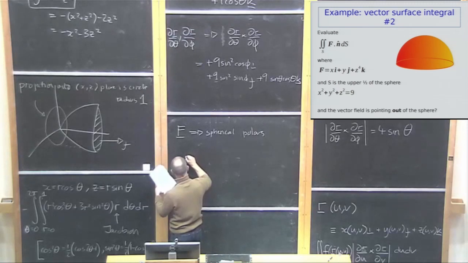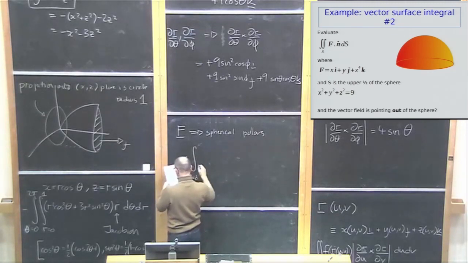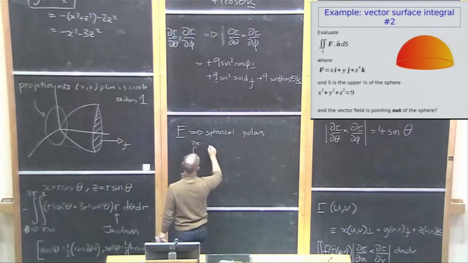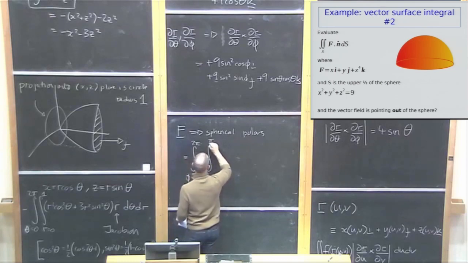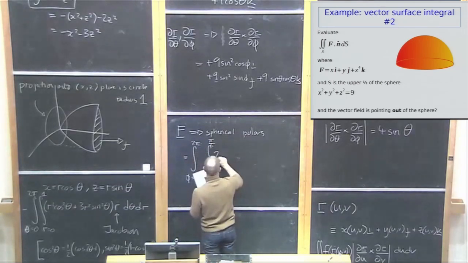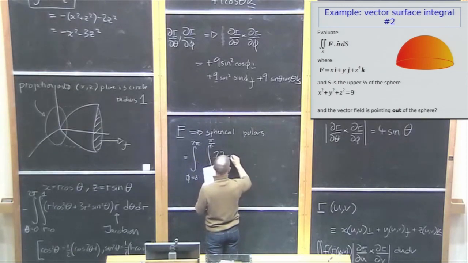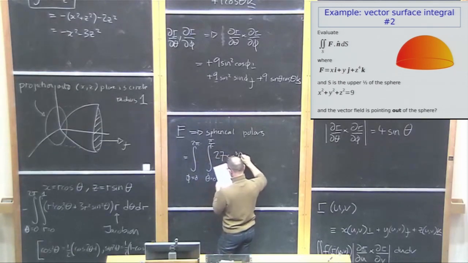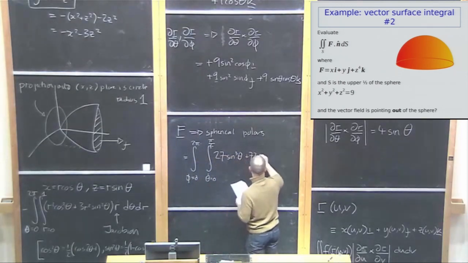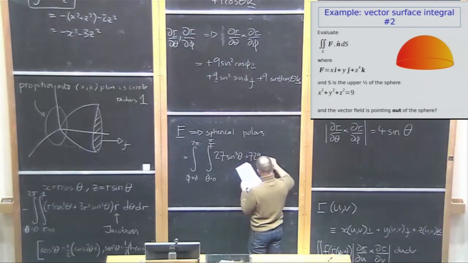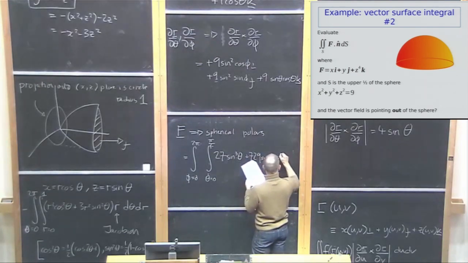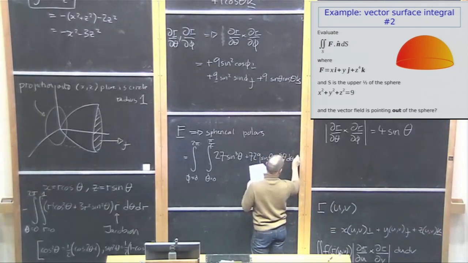So our integral ends up being phi between 0 and 2 pi, theta between 0 and pi by 2, of 27 sine cubed theta plus 729, nice easy one, sine theta cos to the 5th theta, d theta d phi.